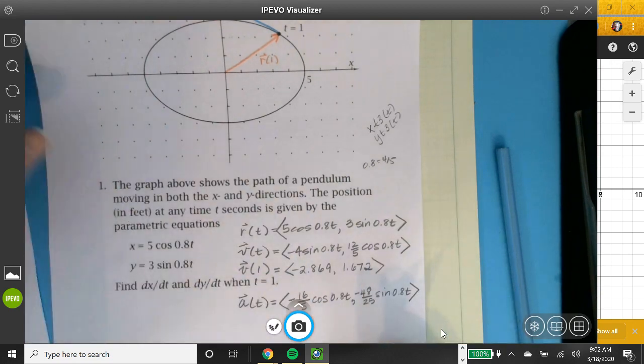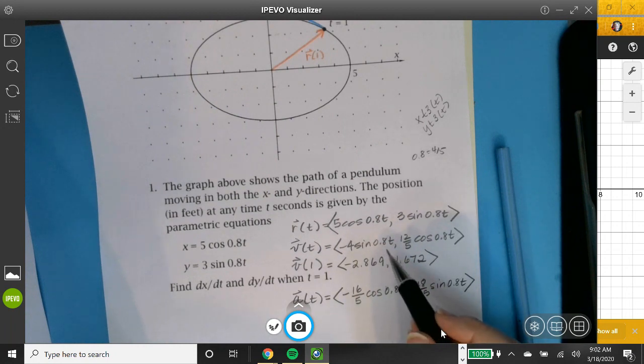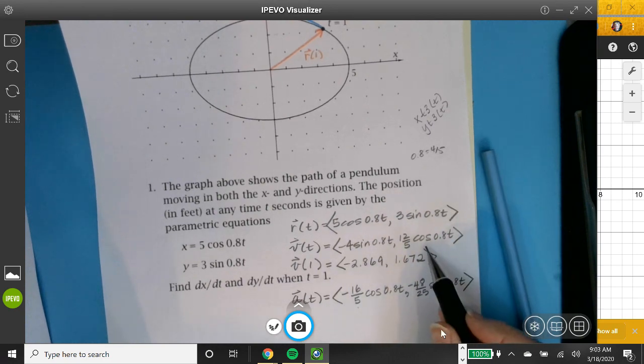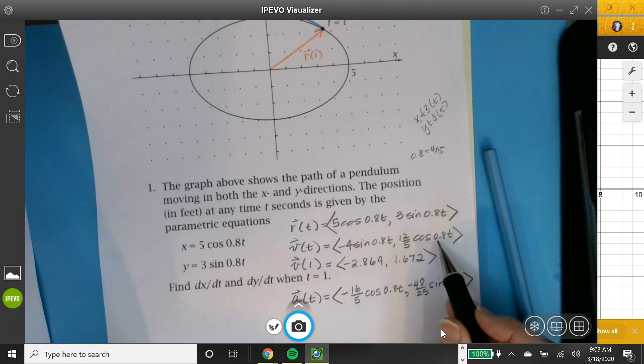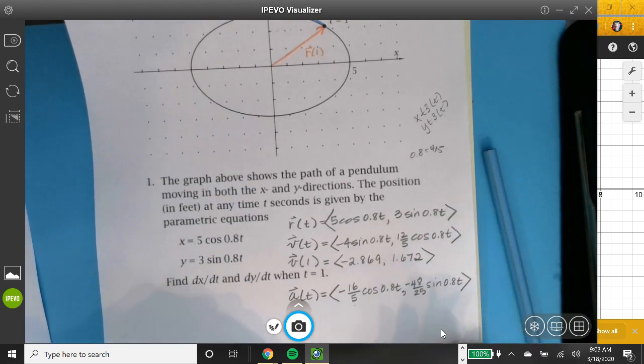Now I'm going to check myself because I'm on video and I might be wrong. Not that that's ever happened. Anyway, the derivative of negative 4 sine of 0.8t is going to be 4/5, which is the derivative of the inside, times this 4, which is negative 16 over 5 cosine of 0.8t. And then 4/5 times the derivative of cosine, which is negative, so that's negative 48 over 25. Yep, I like that derivative.